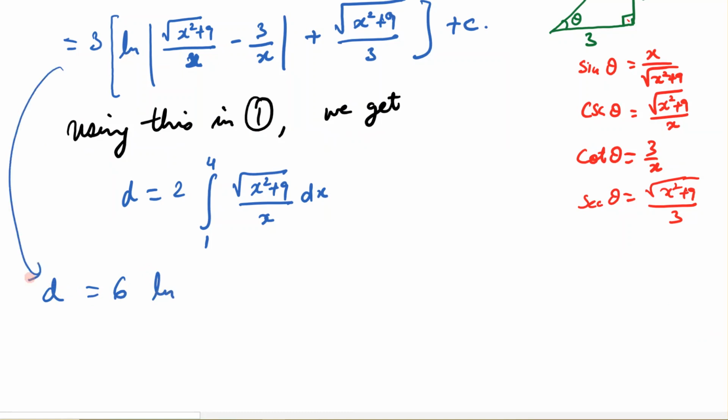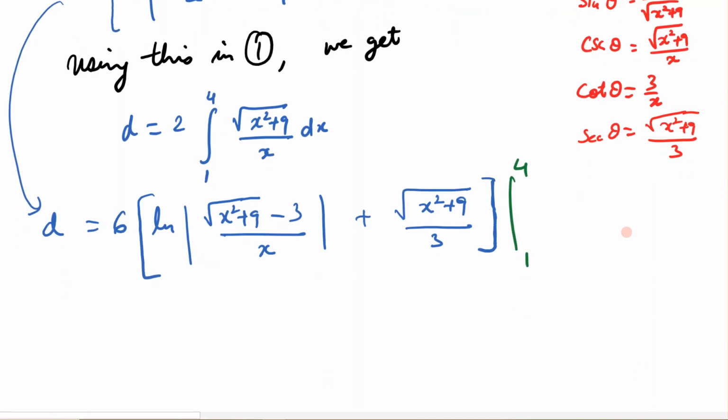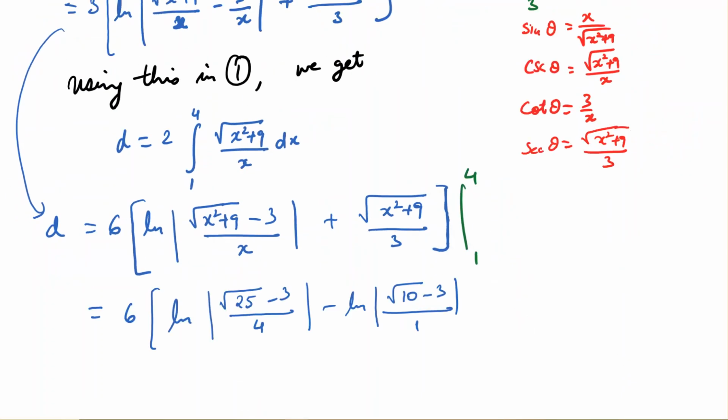So we get ln of this whole integral with limits from 1 to 4. So let's plug in our limits. We put the value 4 and 1 here: upper limit minus lower limit. So I put 4 here and then I put 1 here.